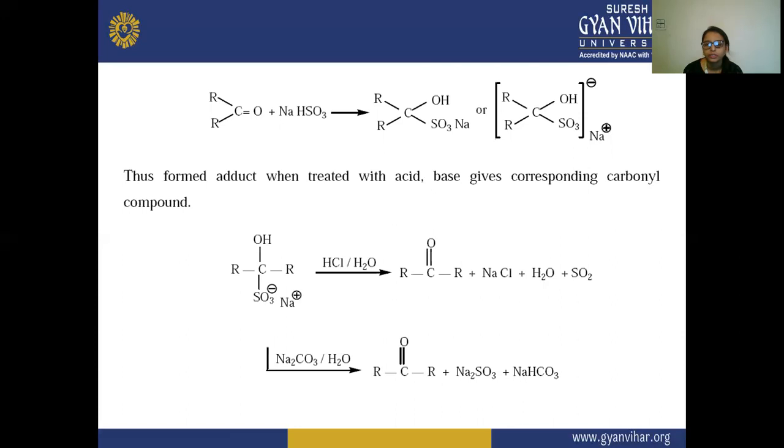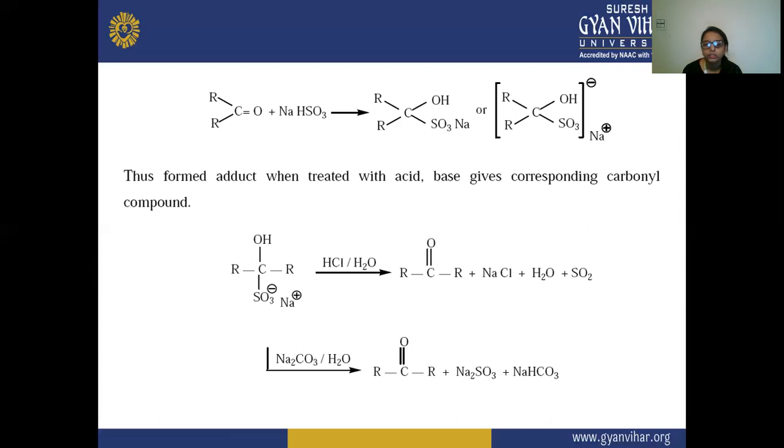There is a dissociation between H and NaSO3; H gets the positive charge and NaSO3 gets the negative charge. The negative NaSO3 reacts with the partially positive carbon atom, and H reacts with the partially negative oxygen atom. There is a formation of the bisulfite compound, or bisulfite salt.